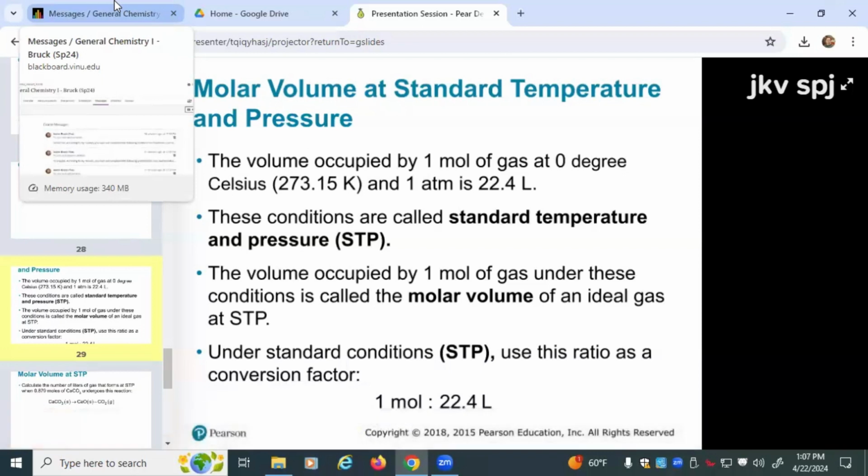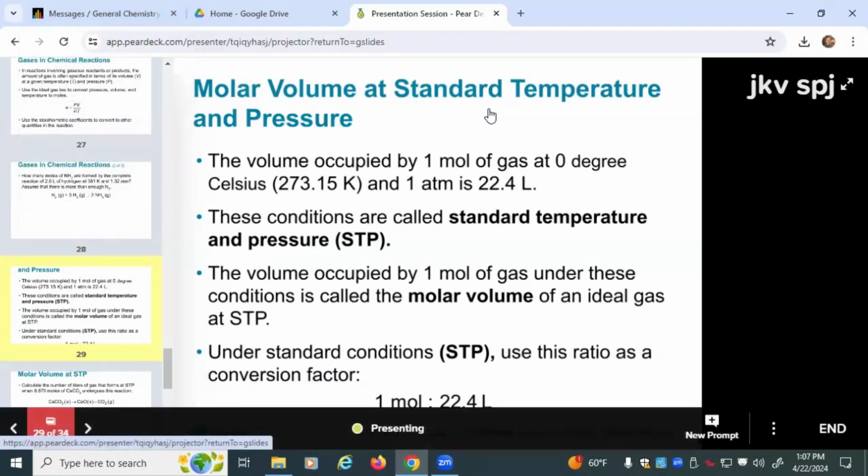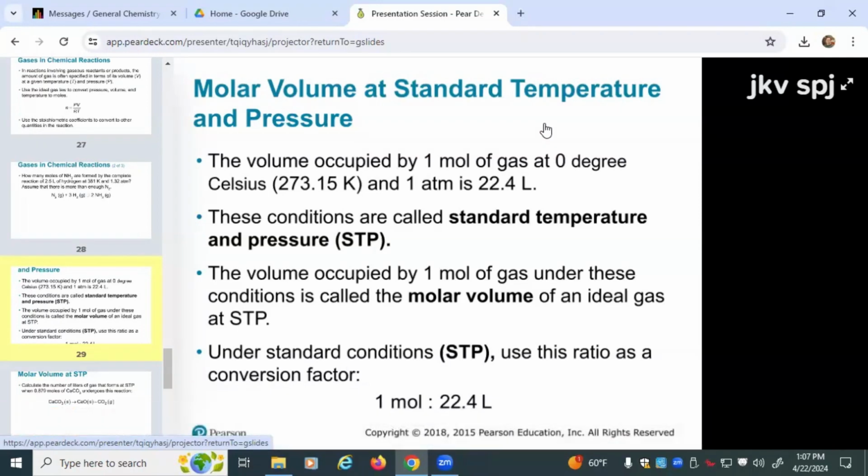So we're going from standard temperature and pressure here. Standard temperature and pressure are 0 degrees Celsius, which, yes, for a laboratory condition is cold, but certainly not out of the realm of possibility. We experience 0 degrees Celsius temperatures on a fairly regular basis.